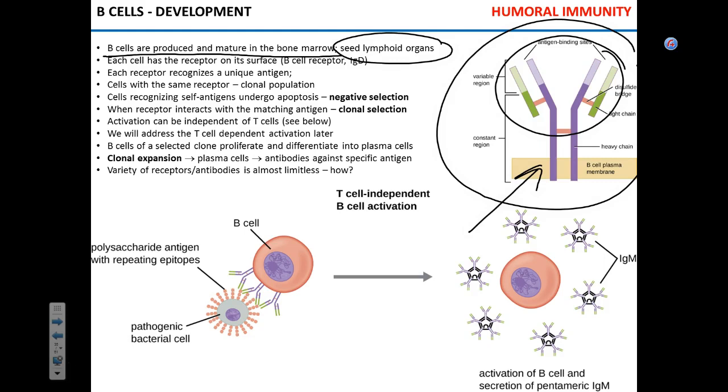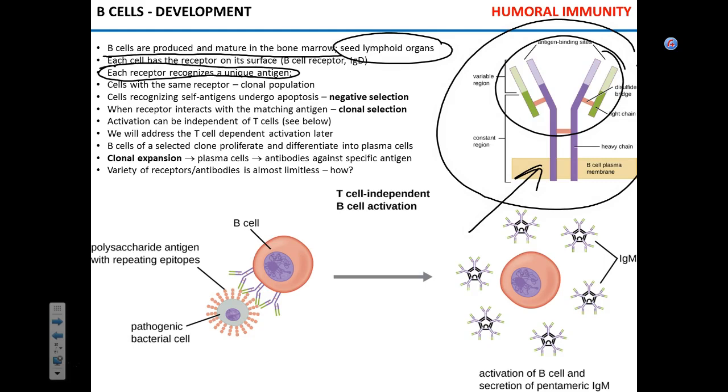Say different types of B cell receptor belong to different colors. A cell can only be green or blue or magenta or maroon. No mix. No rainbows. Got it? Make sense? Okay. So a receptor recognizes a unique antigen.